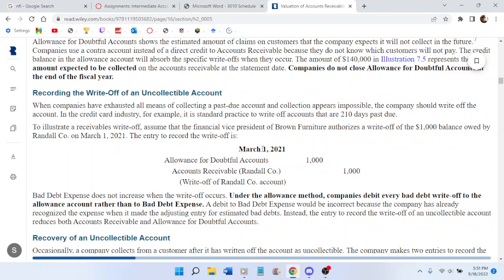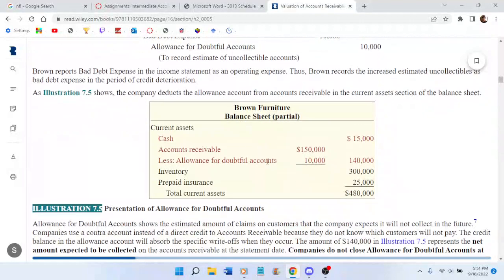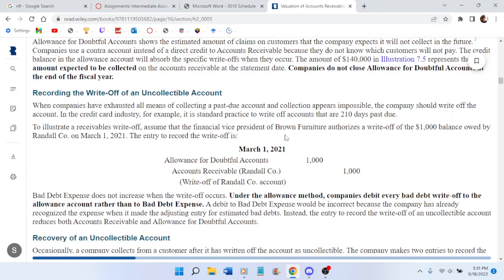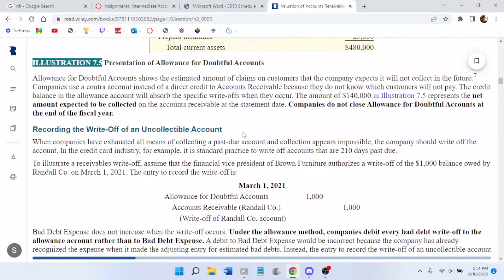Oh my gosh. What is allowance? It's confusing because it's a contra asset. I'm so confused. I'm trying to logically think through this right now.